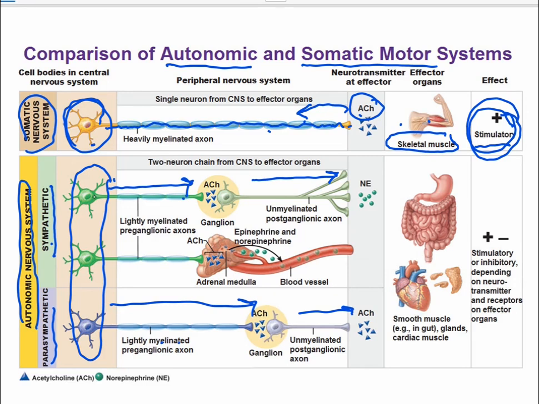You could see here, the first order neuron of the sympathetic is relatively shorter. So the second body that is going to start is going to be near the spinal cord, which means the central nervous system, and it's going to make a ganglion. These ganglia are very near to the vertebral column.